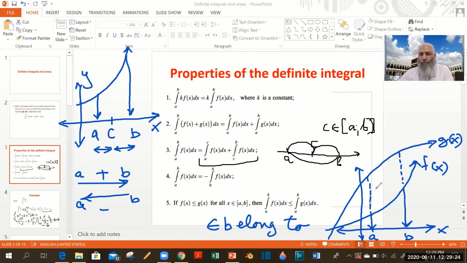Because it is obvious that the function g of x is greater than the function f of x. So the integration of g of x is greater than or equal to the integration of f of x.